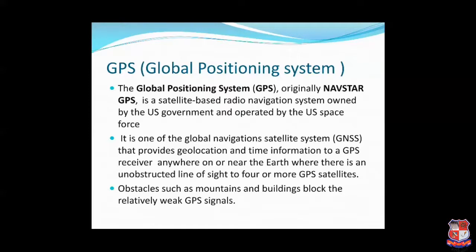It is one of the global navigation satellite systems, GNSS, that provides geolocation and time information to a GPS receiver anywhere on or near the earth where there is an unobstructed line of sight to four or more GPS satellites. Obstacles such as mountains and buildings block the relatively weak GPS signals.